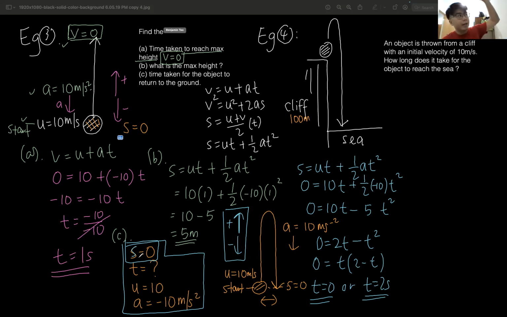Another one is after 2 seconds, that means after it falls back down, s is also 0. That's why you get two answers. 因为有两个情况是当你的 displacement 是等于0，一个是在 starting, 一个是在它跌回下来。所以哪一个是你的答案？答案是2 second. Okay, t equals to 2 seconds.